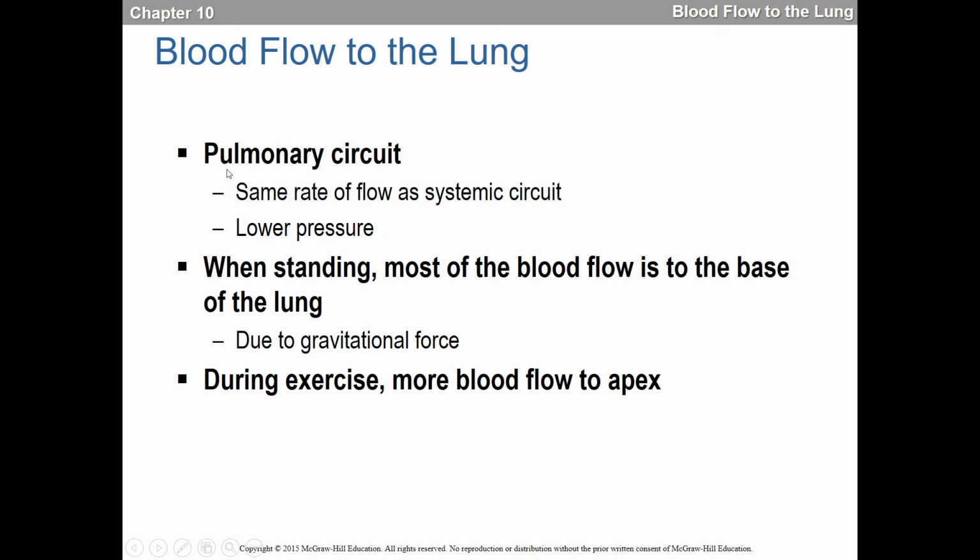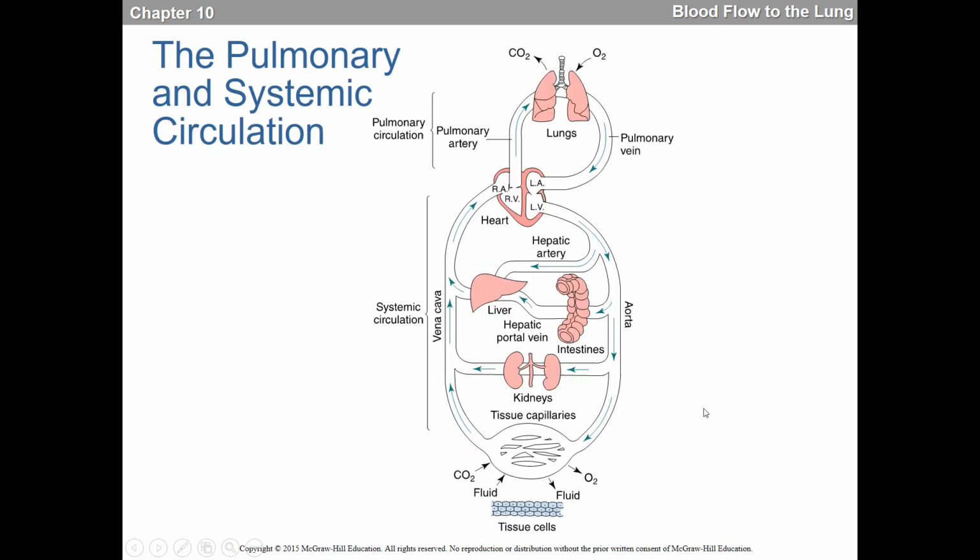The pulmonary circuit has the same rate of flow as the systemic circuit, but it's a lower pressure. So when standing, most of the blood flow is at the base, due to gravity, right? And most of the ventilation is at the top of it. During exercise, more blood flow gets to the apex. So here you can look at this if you're interested in it.